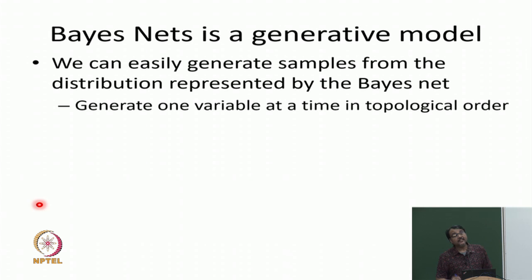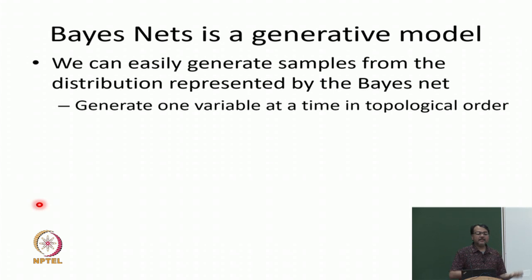So, a discriminative model cannot generate samples from the distribution, but a generative model can generate samples from the distribution. Okay. So, Bayesian network is a generative model. You can easily, in fact extremely easily, generate samples from the distribution represented by the Bayesian network, and a Bayesian network represents a joint distribution, right, always.